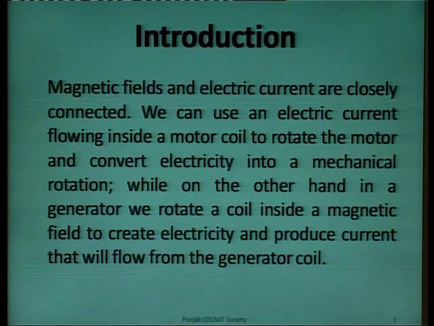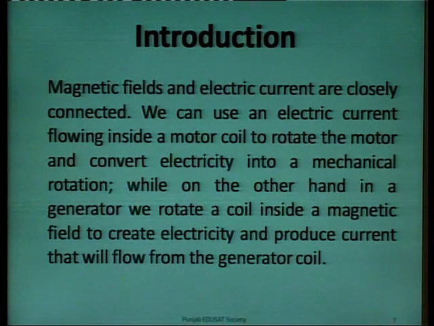Now we will start with the introduction. The magnetic fields and the electric current are closely connected to each other. As we all know, we are using electrical motors, transformers, everything we are using with the use of electricity, they are concerned with the magnets.